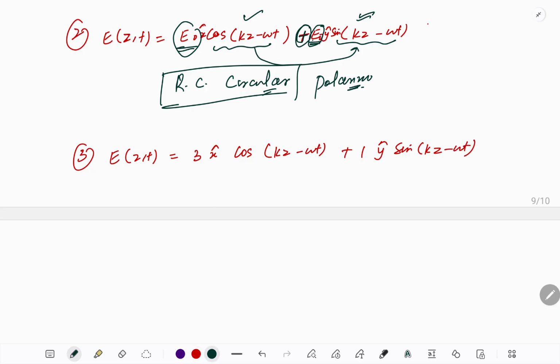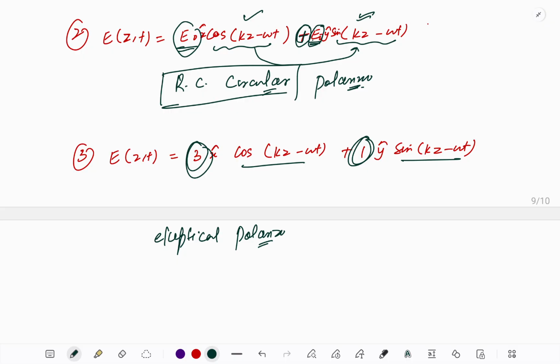If you see here, cos and sine give a phase difference of plus or minus pi by 2, but the amplitudes are unequal, so it has to be elliptical polarization, or elliptically polarized light. With unequal amplitudes and a phase difference of pi by 2, whether it is right elliptical or left, you have to decide from the sign between the cos and sine components.